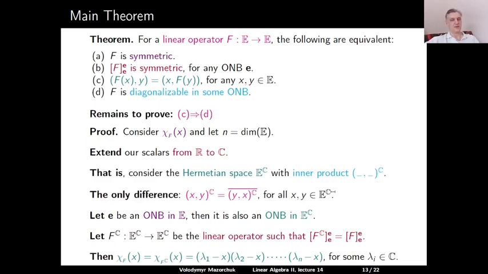So there are complex numbers lambda 1, lambda 2, and so on, lambda n, such that the characteristic polynomial of f is (lambda 1 minus x) times (lambda 2 minus x) times and so on. So here we use the fundamental theorem of algebra. Any non-constant polynomial with complex coefficients can be written as a product of linear factors.